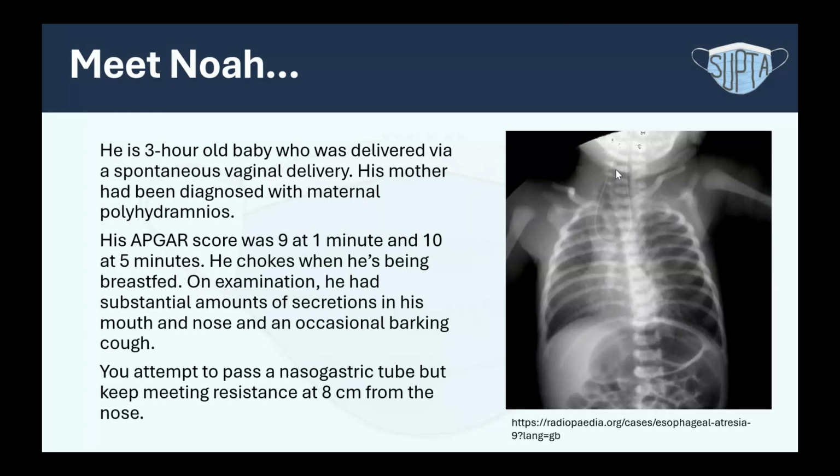Come on, guys. Any features from this history that you think indicate the patient may have an esophageal atresia? Luca Cox says postprandial choking, and Henang says polyhydramnios in the mother.